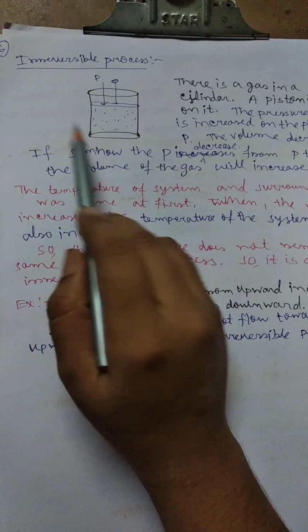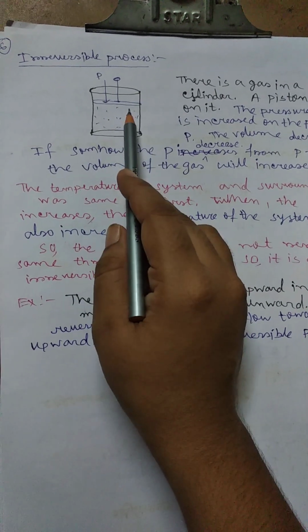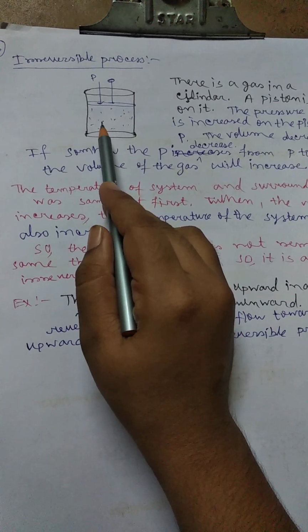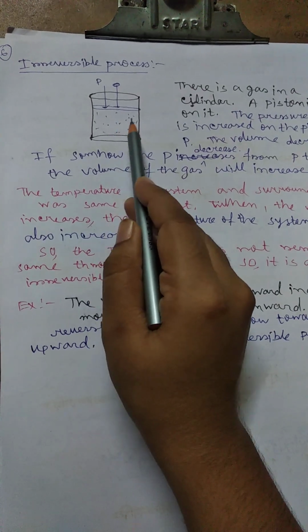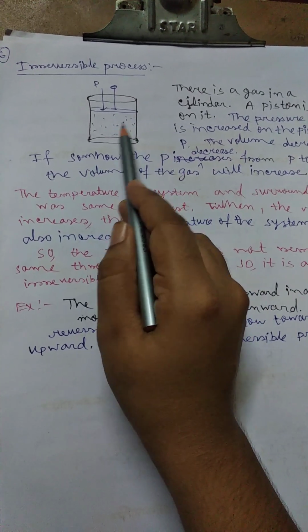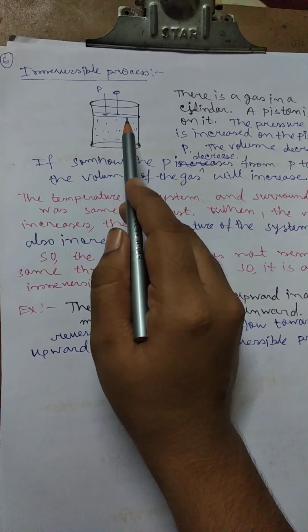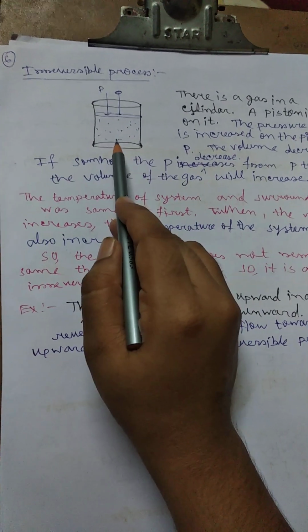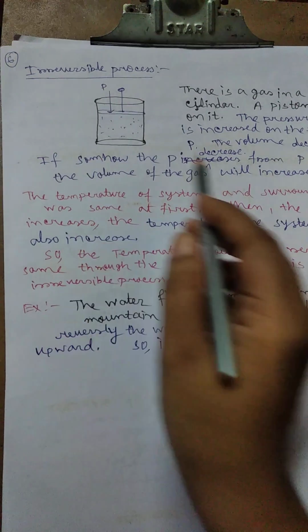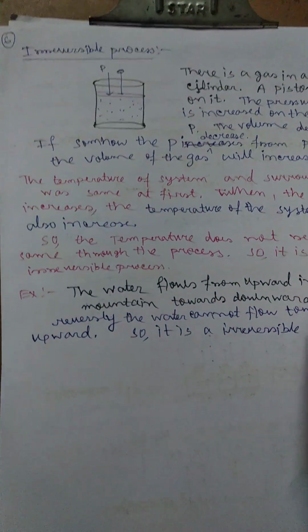So the internal energy will increase. Then you can see that heat will be exchanged from the system to the surrounding. If the temperature of a system internally increases, then it will also exchange heat with the surrounding. So it is an irreversible process.